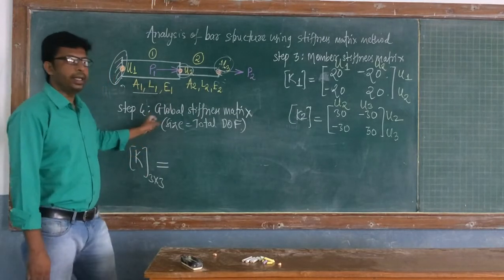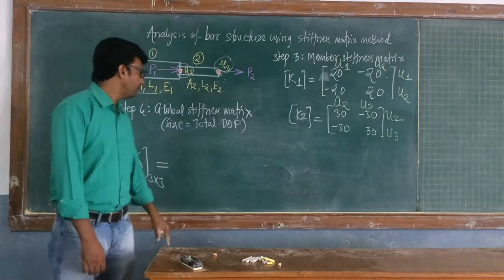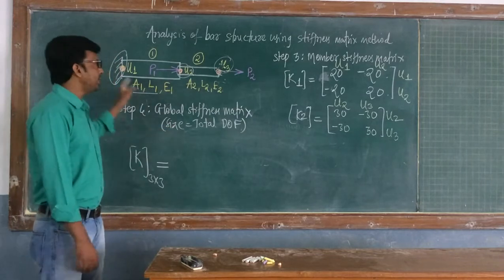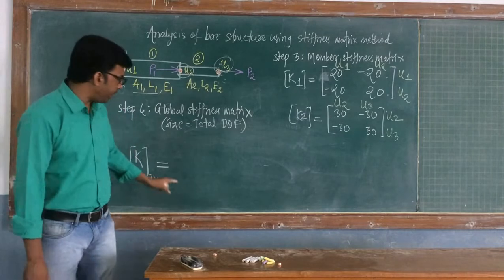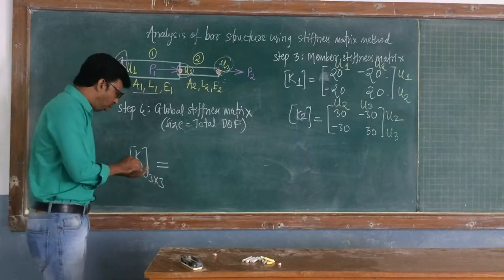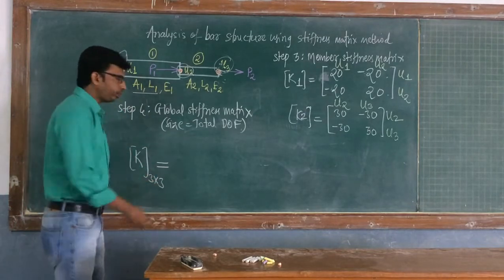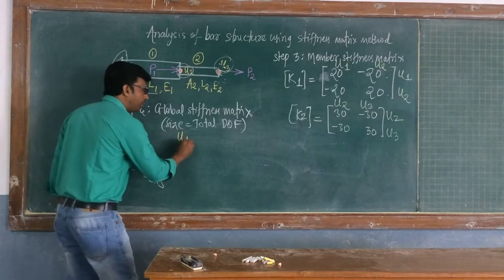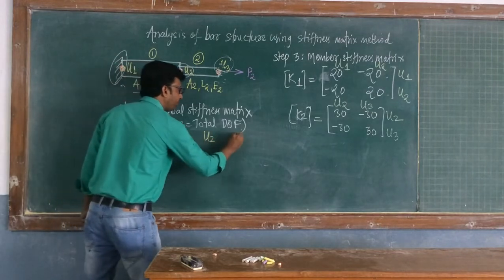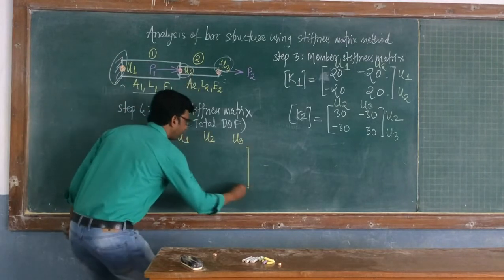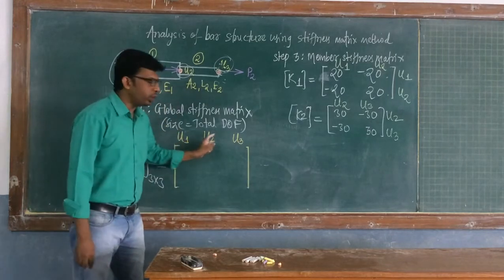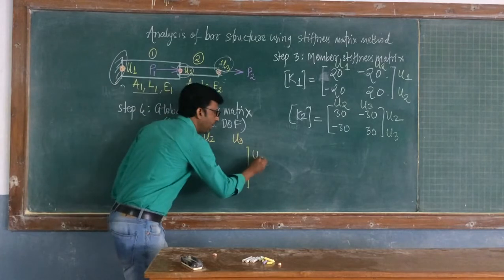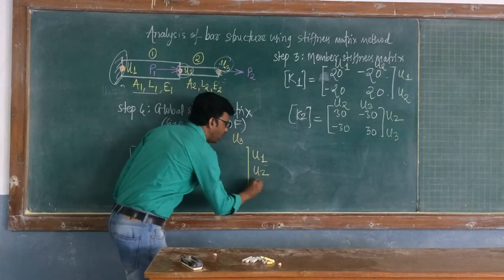Now after that, if you see step number 4, that is the global stiffness matrix. The size of the global stiffness matrix is equal to the total number of unknowns. U1, U2, U3 means 3 unknowns, so 3 by 3. On the top, first write down all 3 displacements: U1, U2, U3.